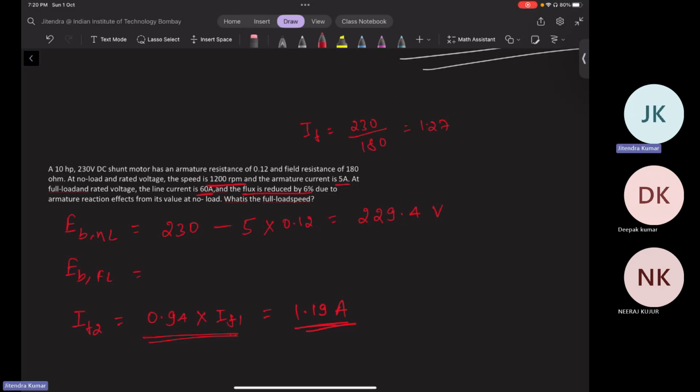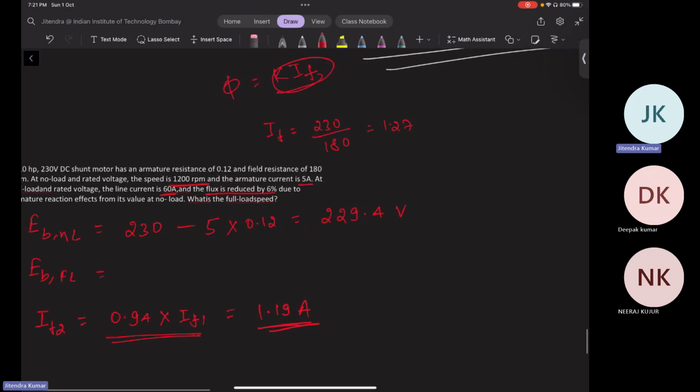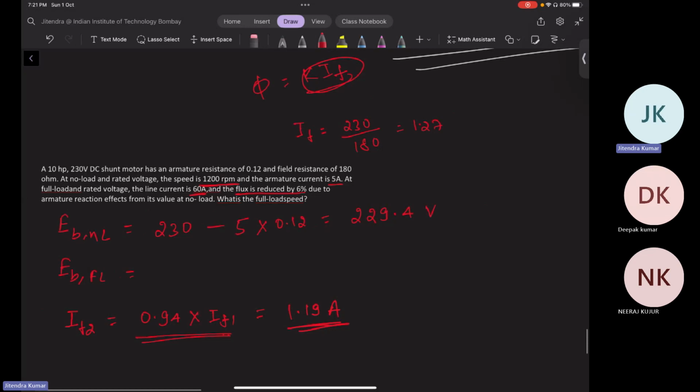So actually, what I am saying is that phi is equal to K IF. This is what happens in a series machine.